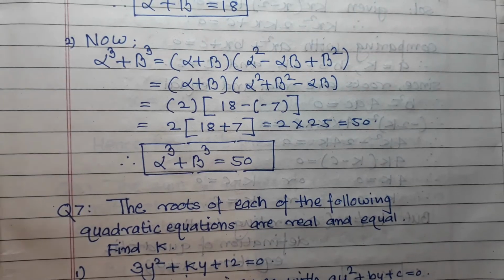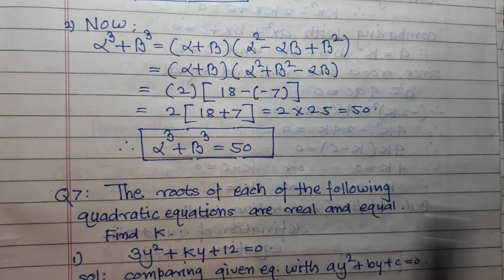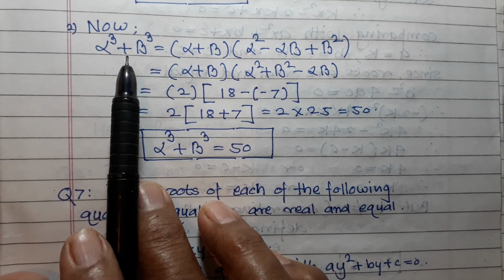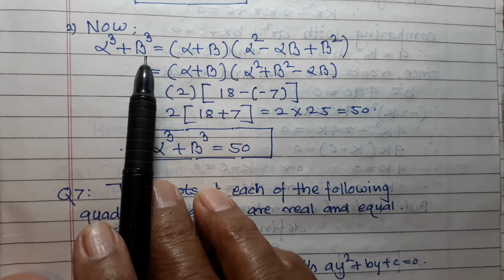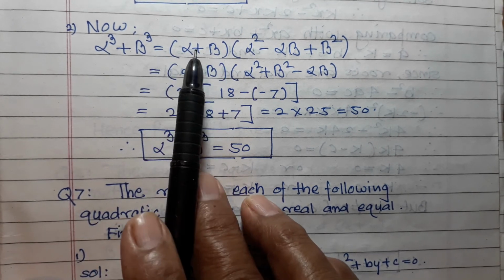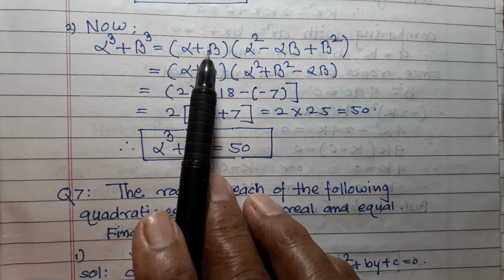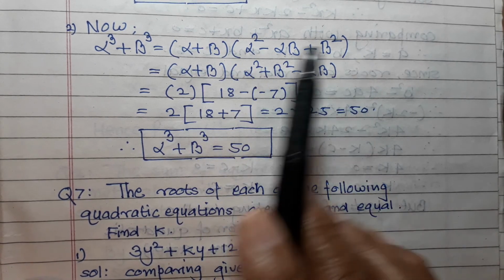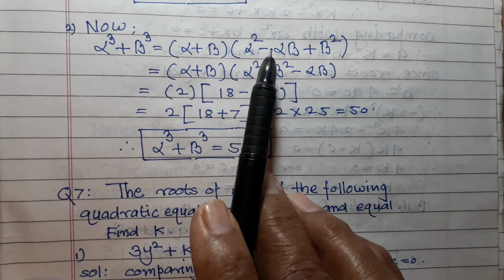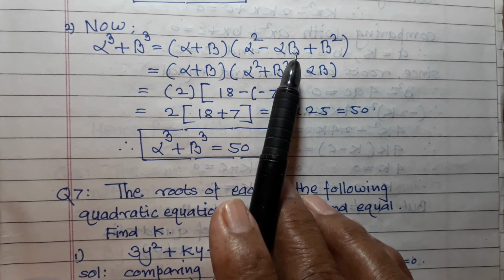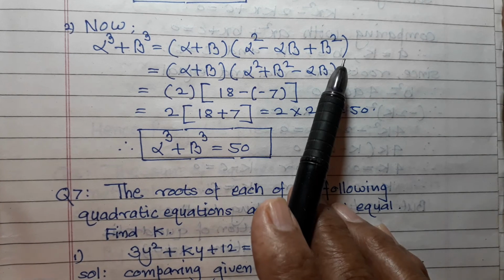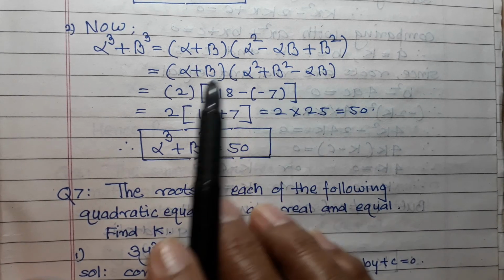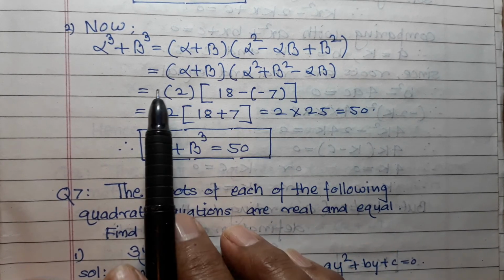Then find the value of alpha cube plus beta cube. Alpha cube plus beta cube is equal to alpha plus beta in first bracket and in second bracket alpha square minus alpha into beta plus beta square. This is a formula, and then you substitute your values.